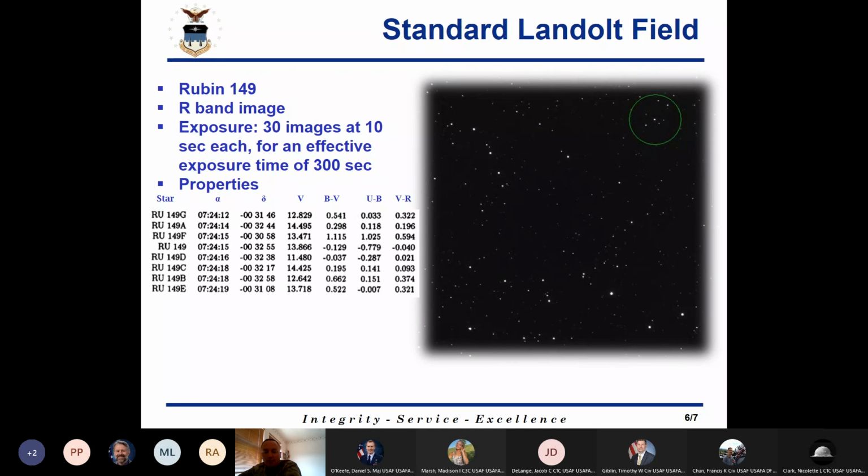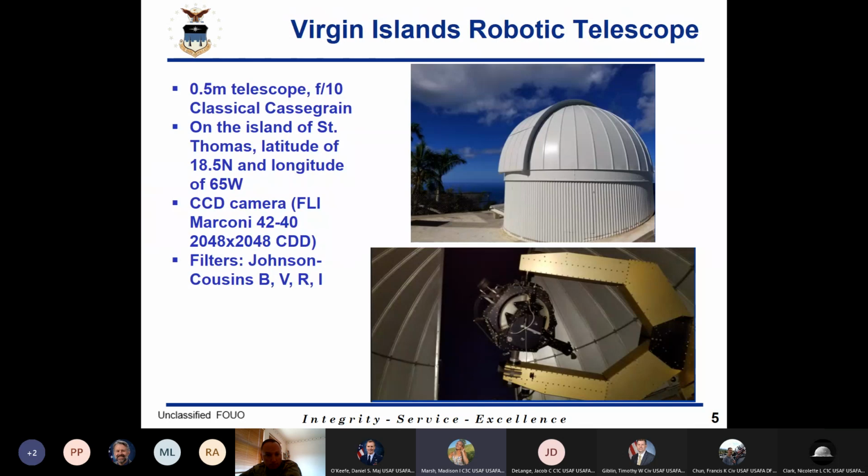Nice job, Maddie. What's the size of the telescope? Yes, it's a 0.5 meter telescope. Out of curiosity, if you do this on the 1 meter, do you know about what magnitude to expect for the USAFA one?